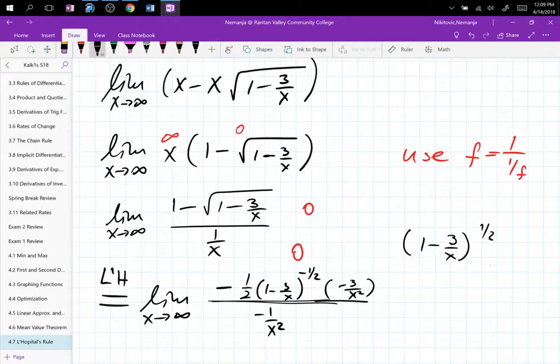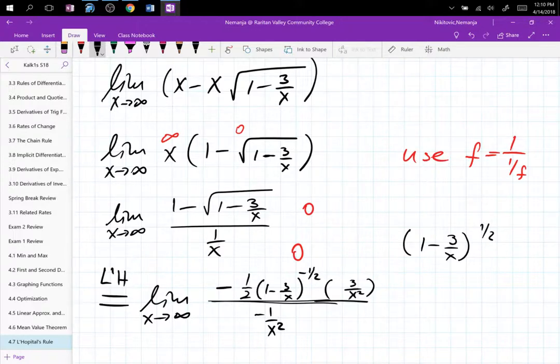And then you have to be careful with signs. It's a plus, because you have a minus over here, so that's a negative 3. So that minus, and then when you take the derivative of just 1 over x, you get negative 1 over x squared.